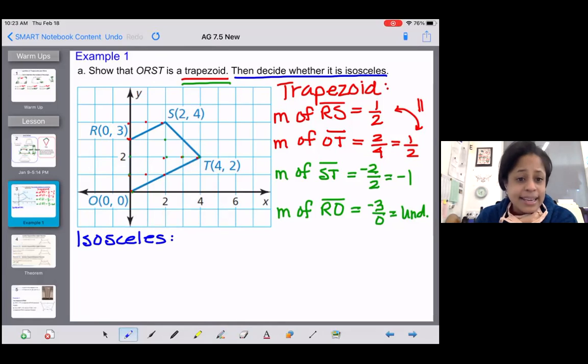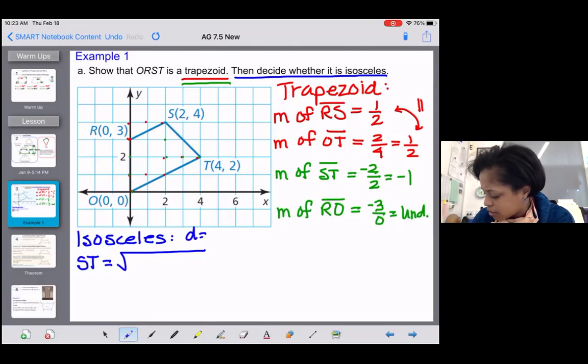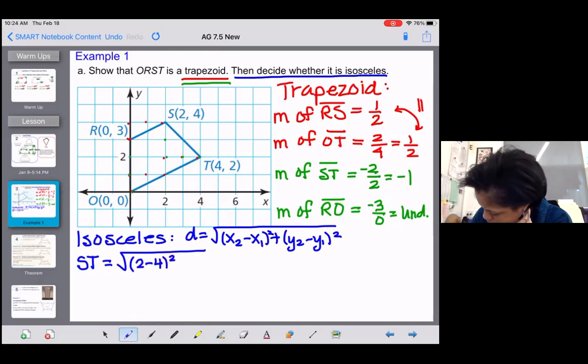The length of segment ST is equal to the square root of, this is the distance formula. I'm going to go ahead and write it: x sub 2 minus x sub 1 squared, plus y sub 2 minus y sub 1 squared. That's the formula I'm going to be using. So ST, the distance between S and T, is 2 minus 4 squared plus 4 minus 2 squared.